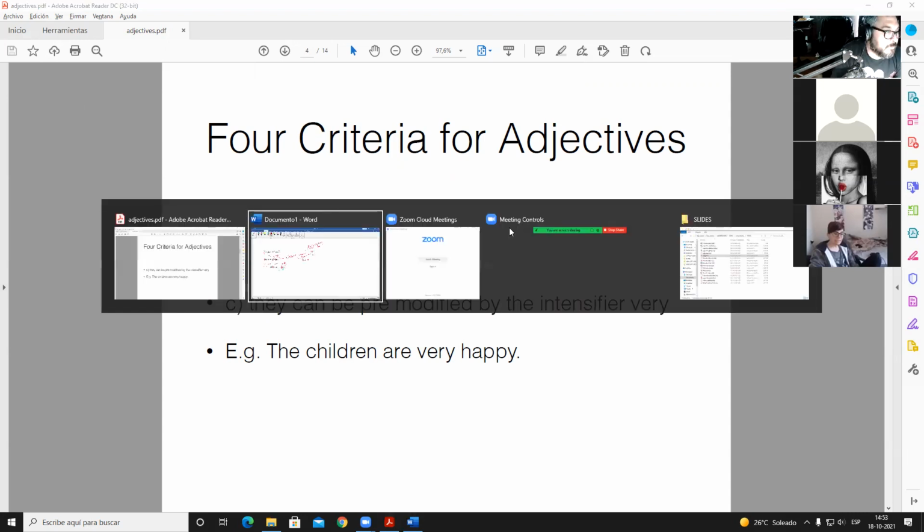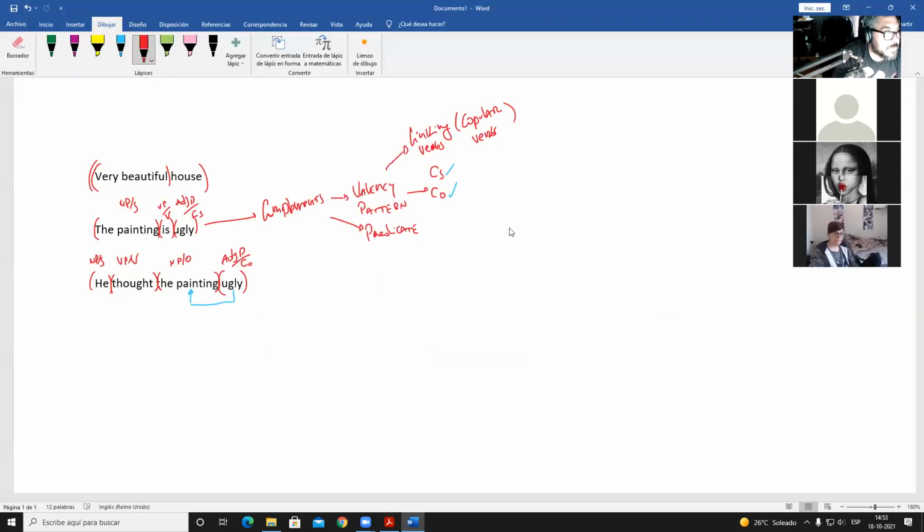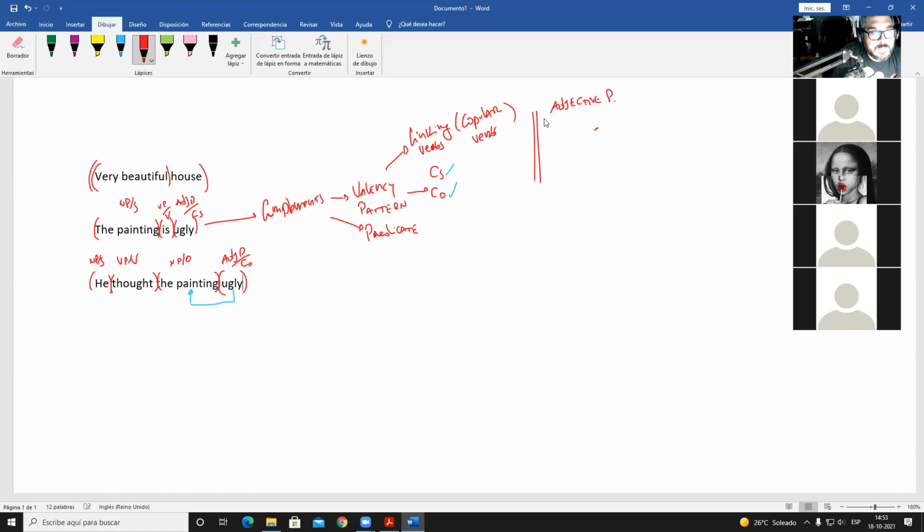Let's take, for example, the following. We're talking about adjective phrases, and inside of an adjective phrase, you can have an adverb premodifier. And this adverb premodifier can be classified into two: intensifier, for example, very, or downtoner, for example, less.